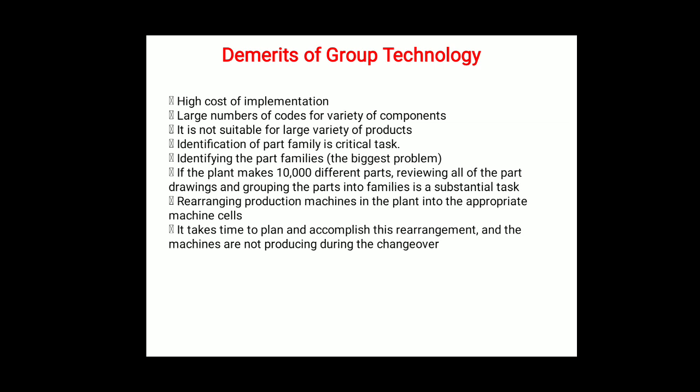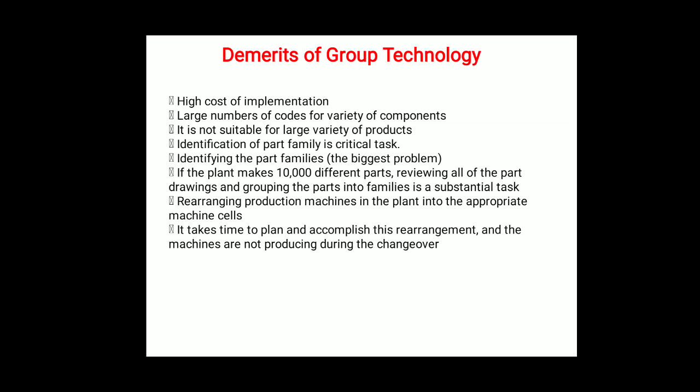It is not suitable for a large variety of products. Basically group technology is not suitable for a large variety of products; it is suitable for mass production. Identification of the part family is a critical task, because we are going to create part families, not only one part.